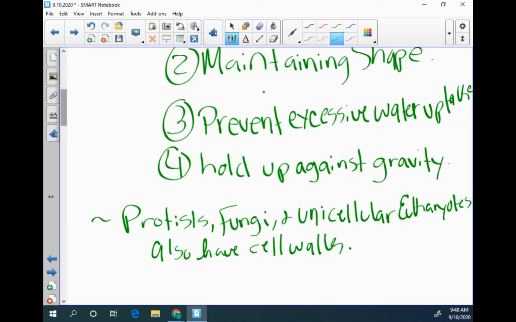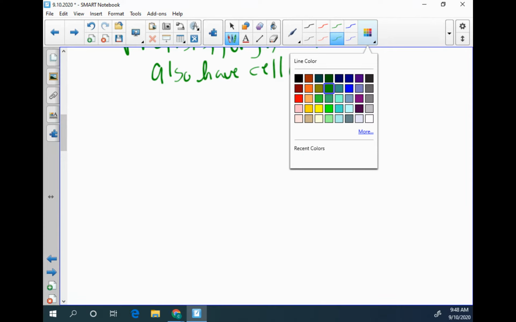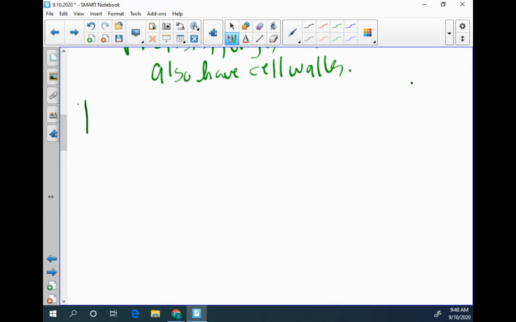There are two types of cell walls: primary cell walls and secondary cell walls. So we're going to start with our primary cell wall. Change colors on you. So, primary cell wall.